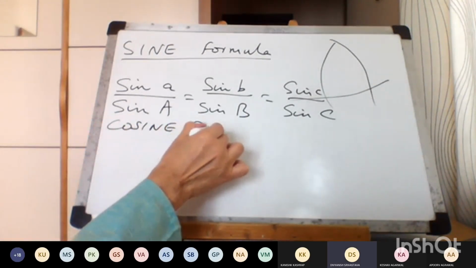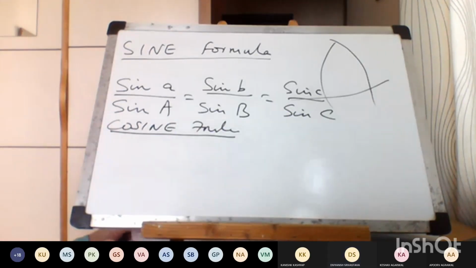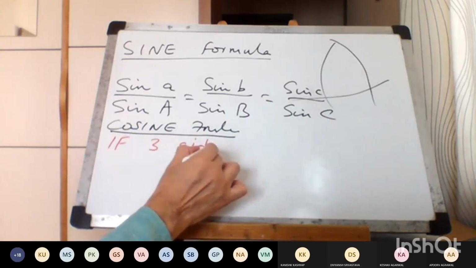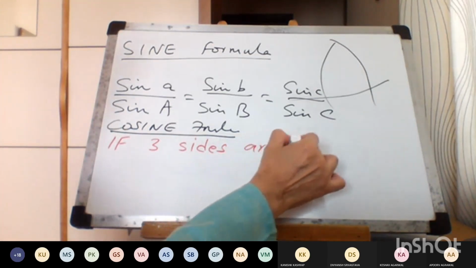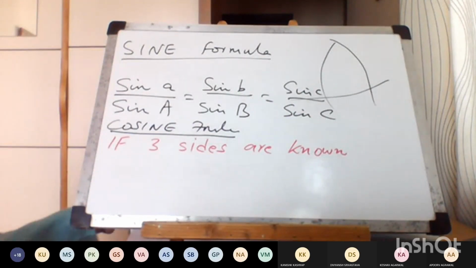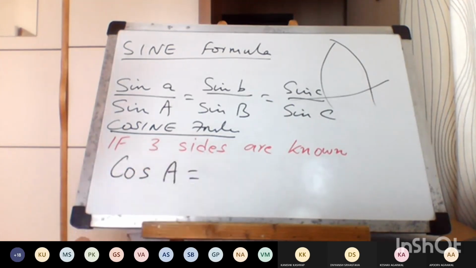The cos of capital A equal to cos of small a minus cos b cos c upon sin b sin c. If 3 sides are known, then what is the formula? If 3 sides are known, then you have to find the angle. Correct?